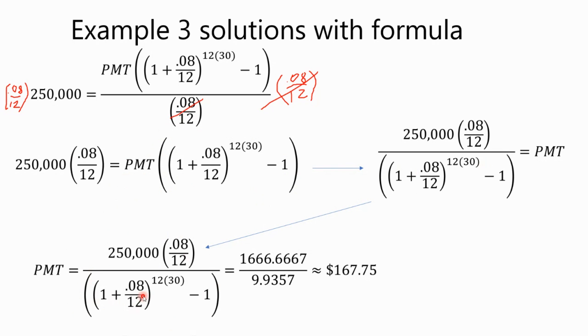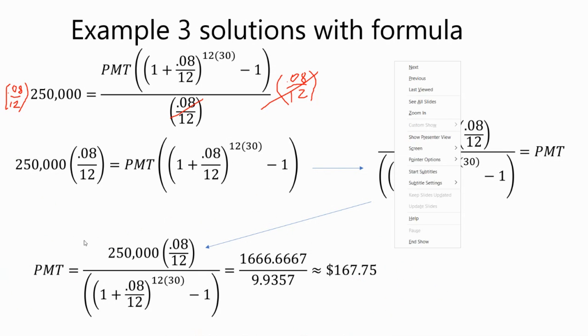You do the innermost parentheses first, then the quotient, then you add. Whatever you get here, you raise to the exponent, which is 360. Subtracting 1, you end up getting all this.